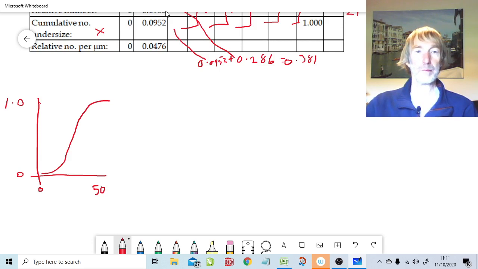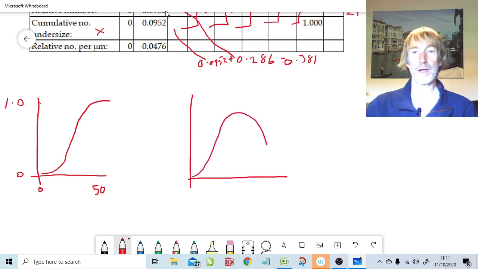If we were to plot the previous two rows, the number and the relative number, then clearly what we would end up with are graphs that don't continually go up. If I join them up rather than make them into a histogram, they do something like that.